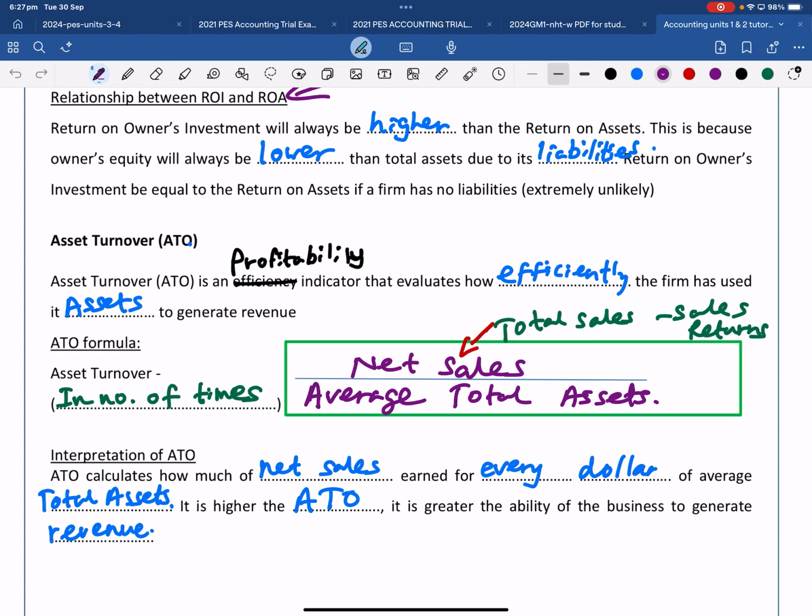That's why we calculate it in number of times, or in dollars. The point is that rather than a percentage, it gives us an indication of how well we convert our assets into sales. That's why we don't express it as a percentage.